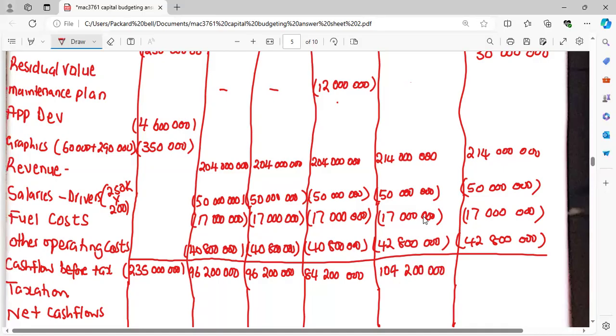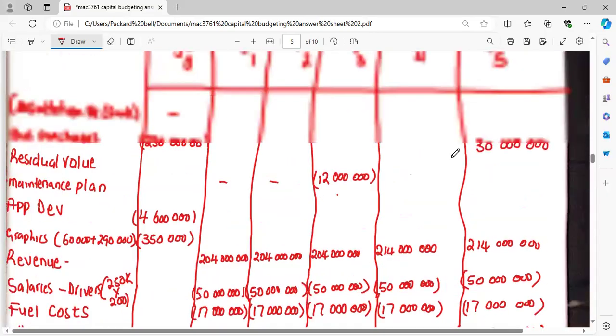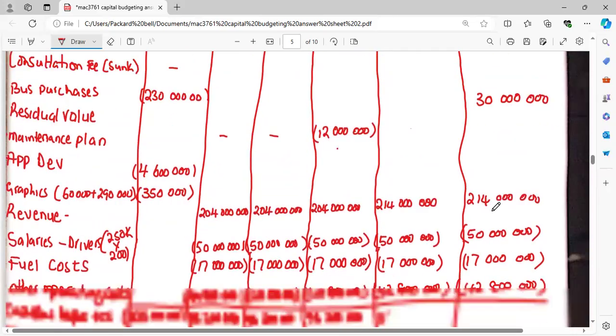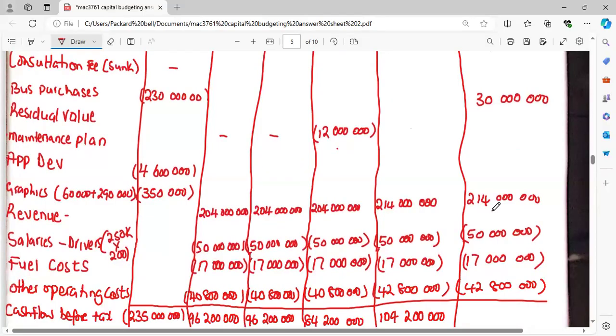Then the last one, don't forget the residual value of 30. That's 134,200,000. So these are the cash flows before tax.